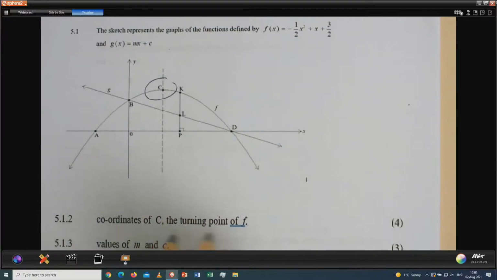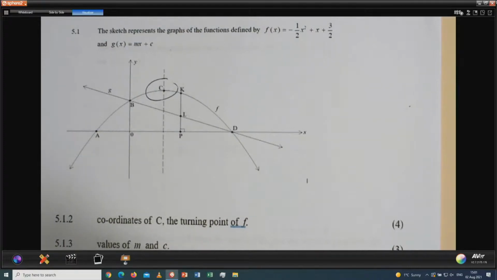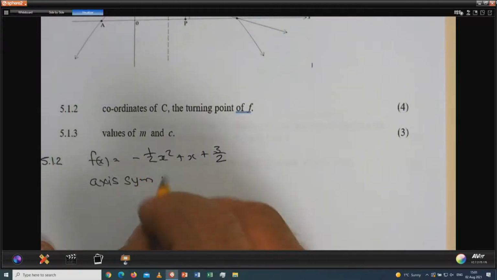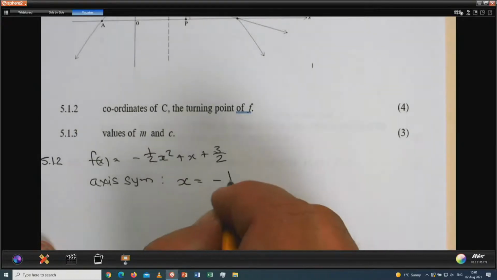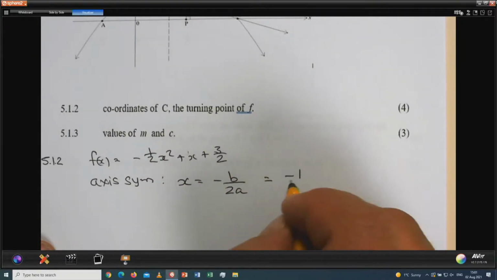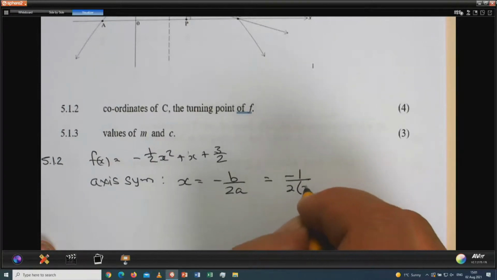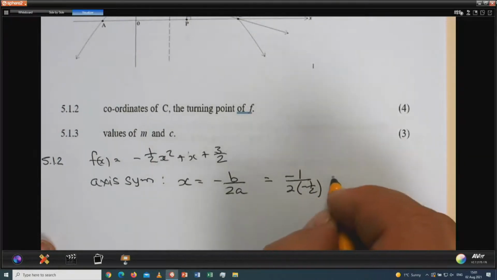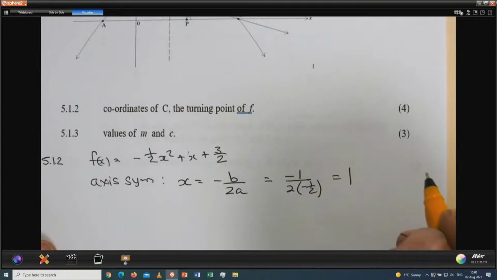Now, for the axis of symmetry, x is equal to minus b over 2a. Now the b value is 1, so it's negative 1 over 2 times negative a half, which is 1. So the axis of symmetry is x is equal to 1.